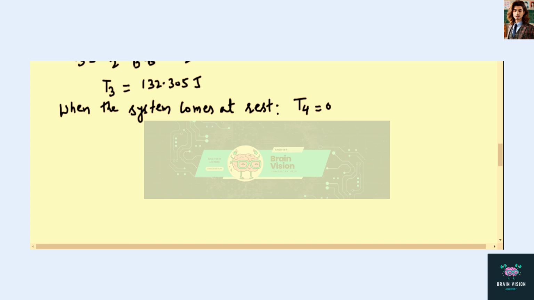So work done in the process 3 to 4 will be equal to work done due to friction, minus F into distance moved by the block, minus mg sine of 30 into distance moved by the block.